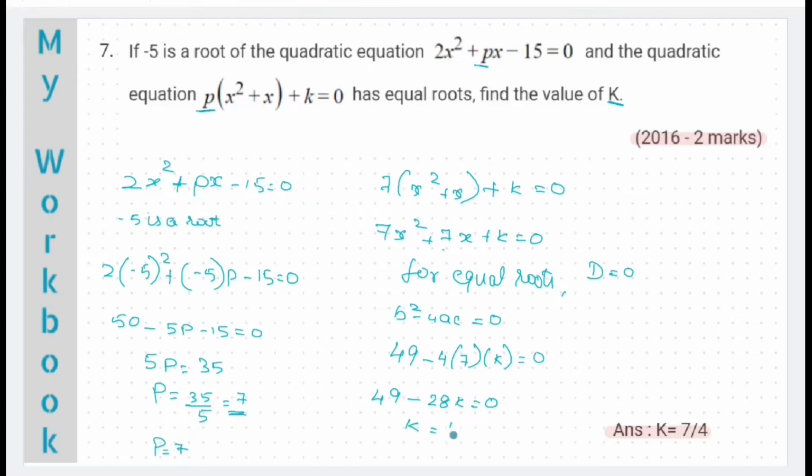So k will be 1 by 28. So the value of k is 1 by 28.